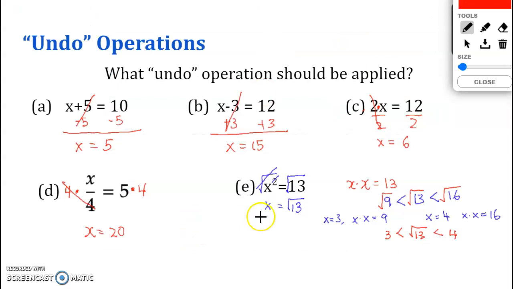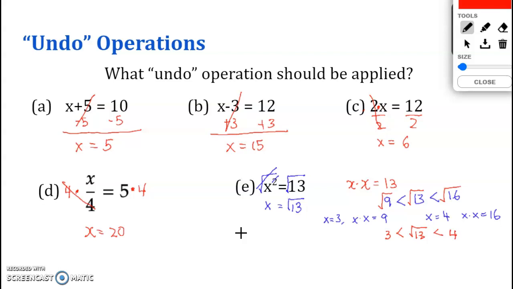So the opposite of squaring is going to be square rooting. Hang on, let me do that again.